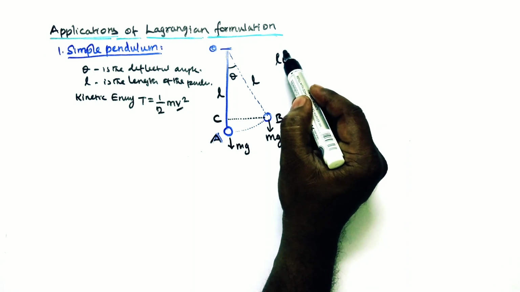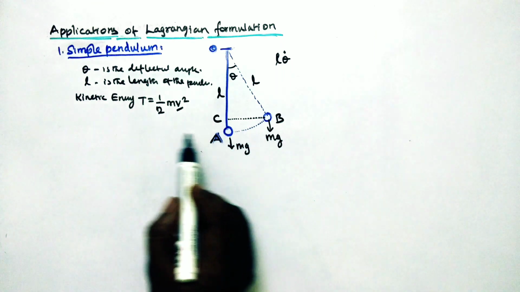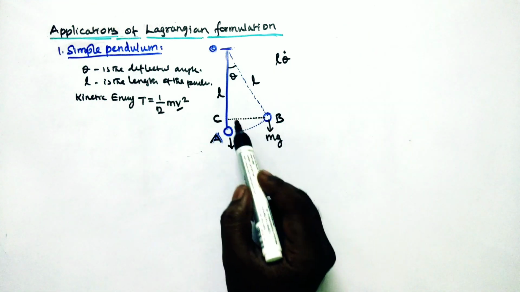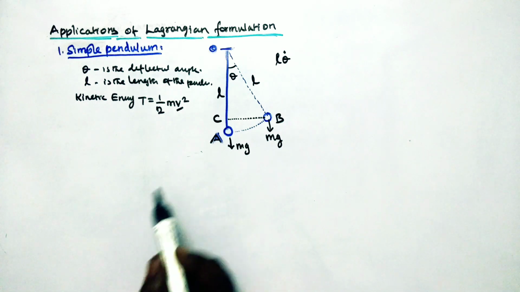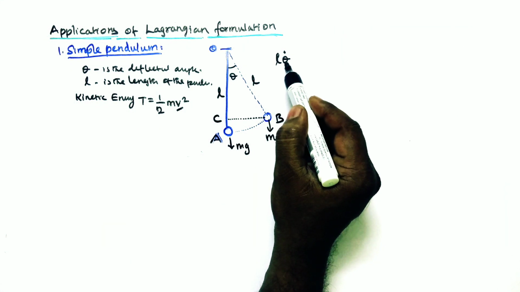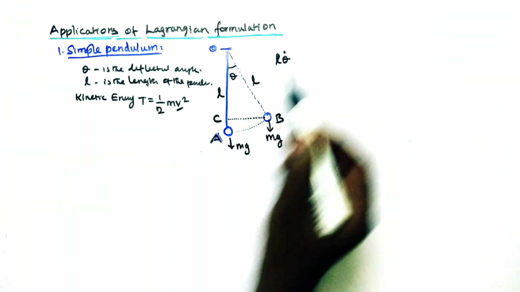Theta takes the form theta dot, because whenever the pendulum is oscillating, theta may change, L does not change. Therefore theta is changing with respect to t, so it takes differential form.